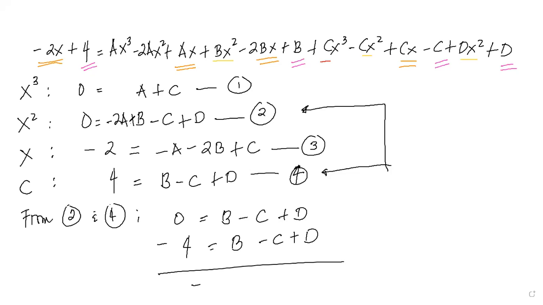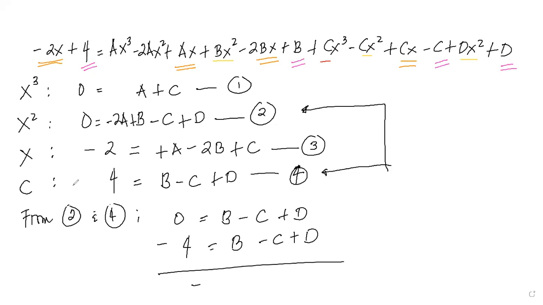Plus B. And then minus C plus D. Okay. For x, we have minus 2. This is positive A. And then minus 2B plus C.